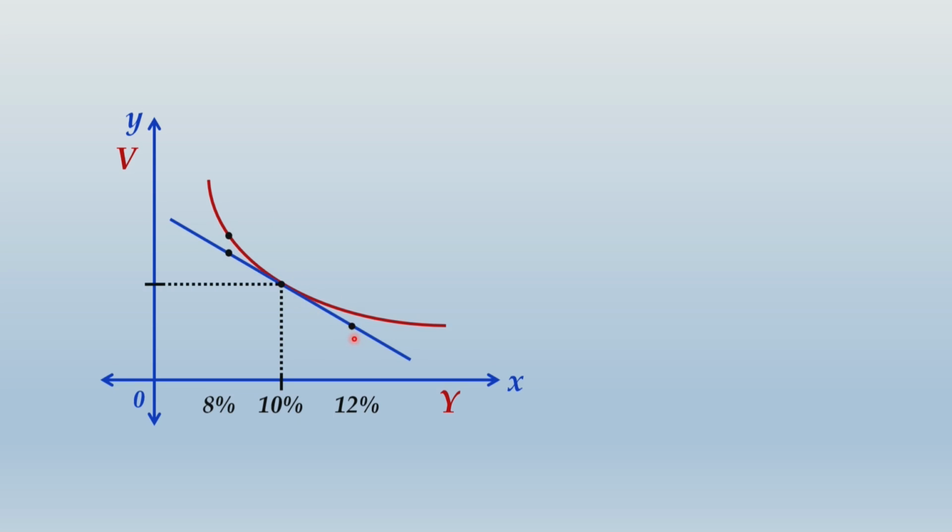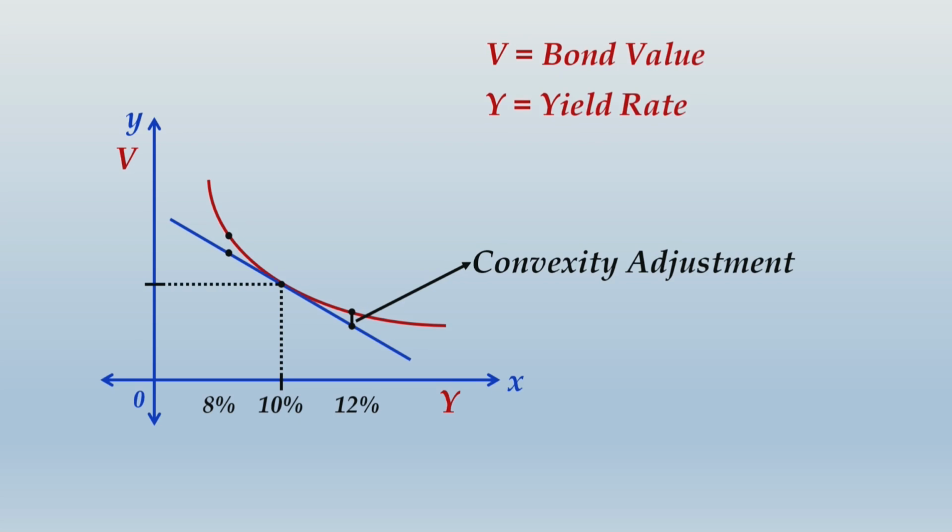But again, this fall, which we can determine through application of sensitivity or volatility, will be an approximation on this straight line, but the actual value of the bond will be on this curve, correct? The vertical gap between these two will be what we call as convexity adjustment. So keep in mind one thing, in this graph, V is bond value, Y is the yield curve.